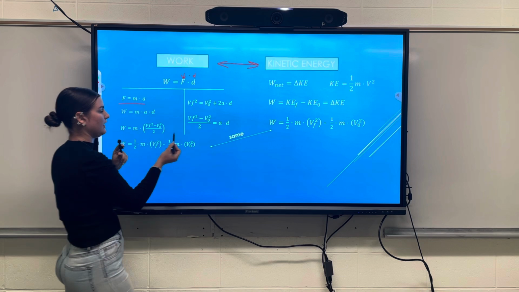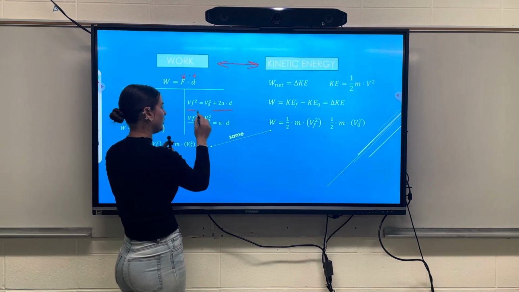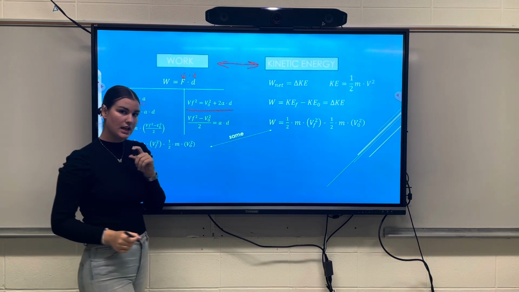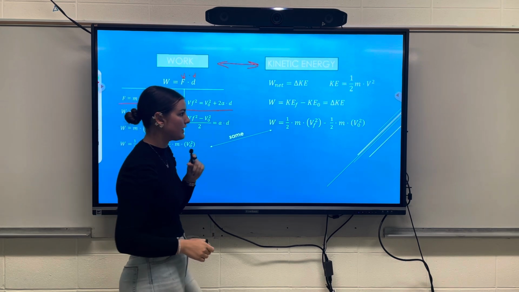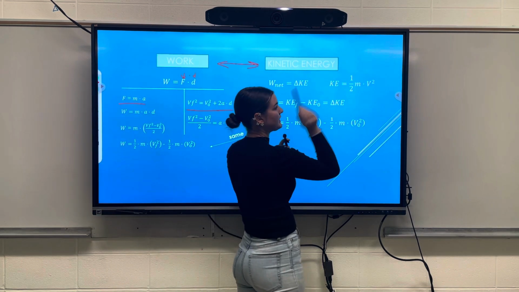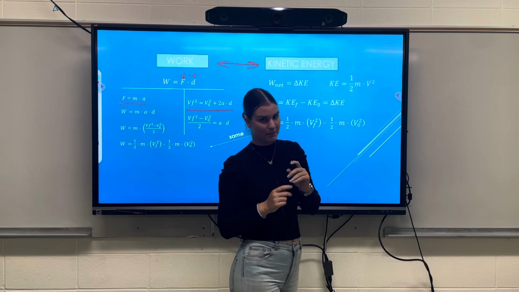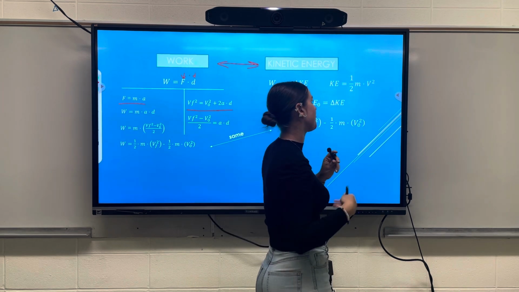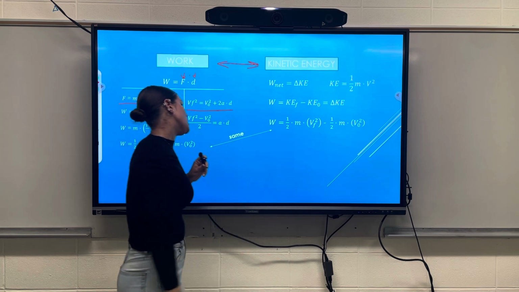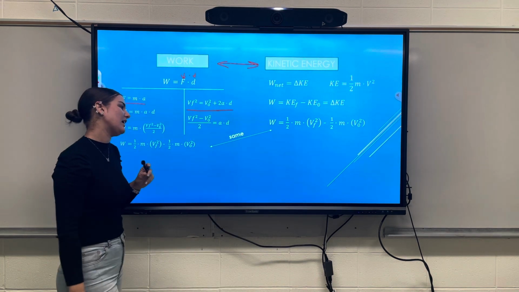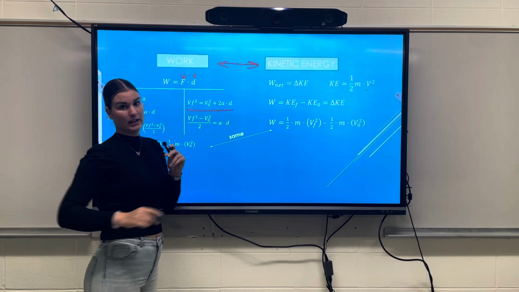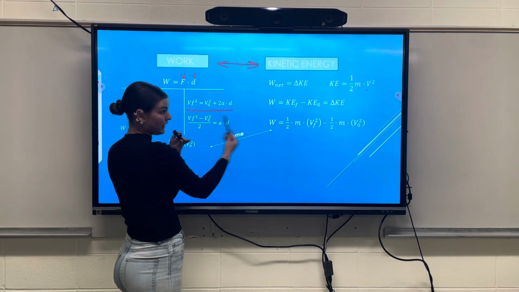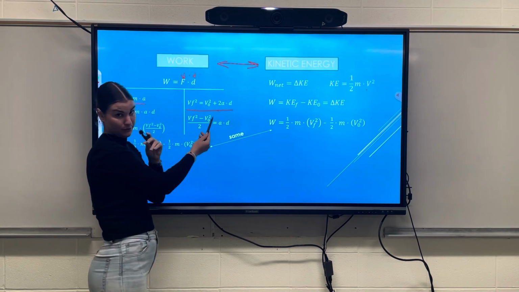After that, we were using the formula for initial and final velocity, because we know that kinetic energy is one half times mass times the velocity squared. To get to that part, we need to use velocity to prove that those two formulas are the same. That's why we are bringing this formula.